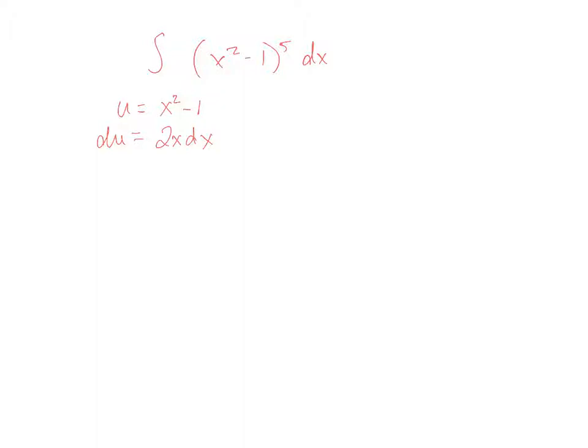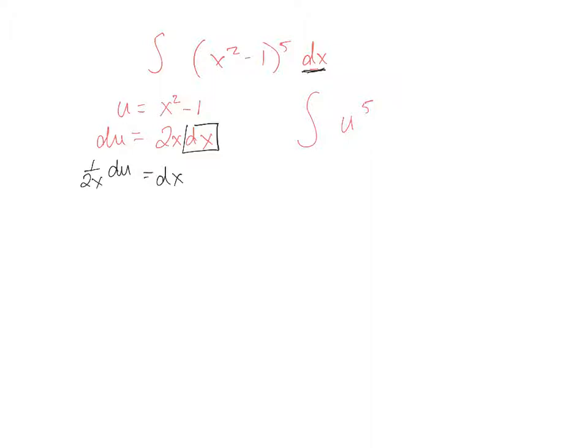Here is the issue. When I solve for what's left in the equation, meaning, let's start replacing. I have u to the 5th. What's left is my dx. So I have dx over here. And if I divide it over, I'd get 1 over 2x du. Here is my issue.